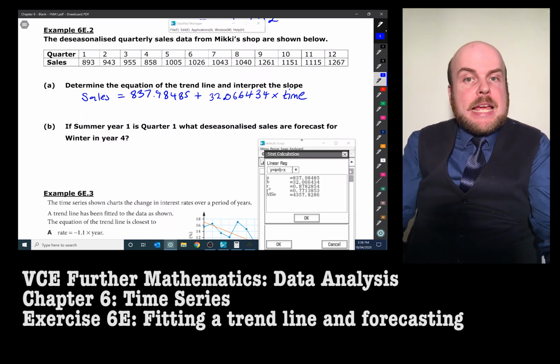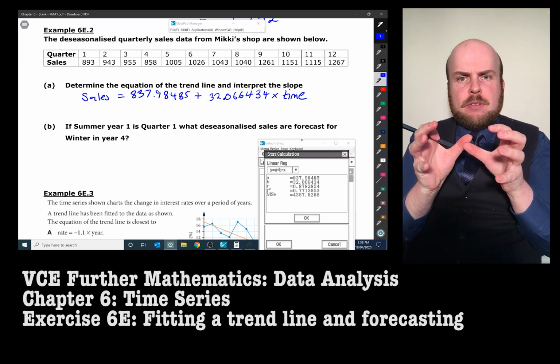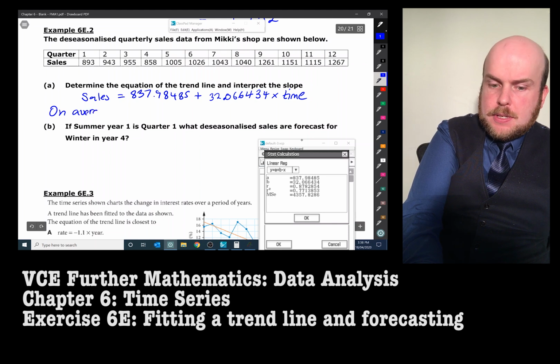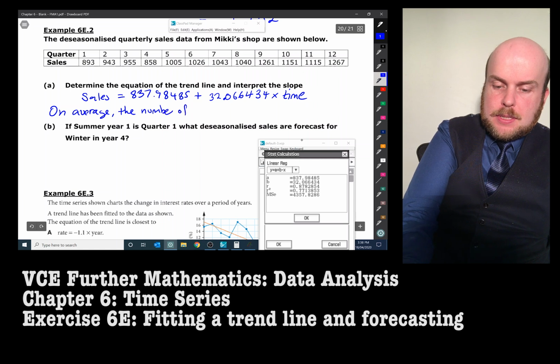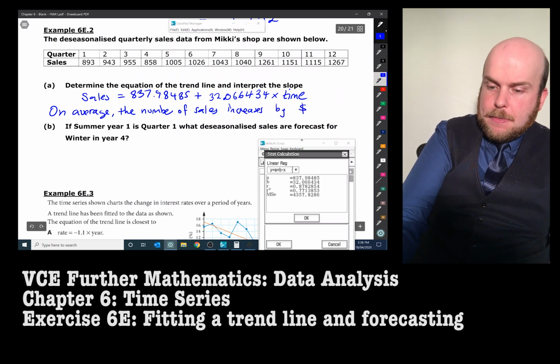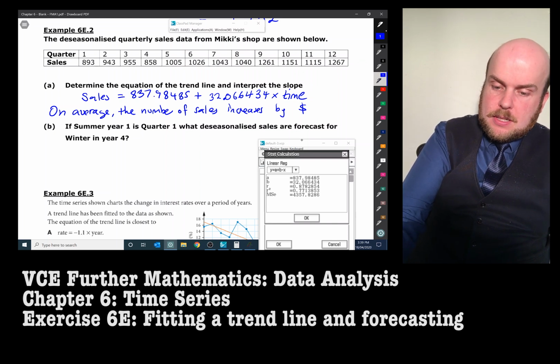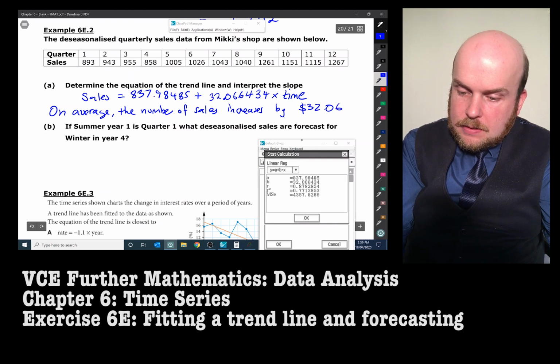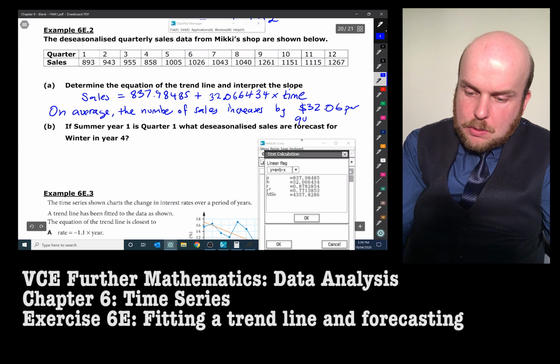So we have to go back to our days of interpreting and using that lovely little formula sentence that we've used before. So this would be, on average, the number of sales increases by, I suppose this is money, isn't it? So $32, and since it's money we can round, so $32.07 per quarter.